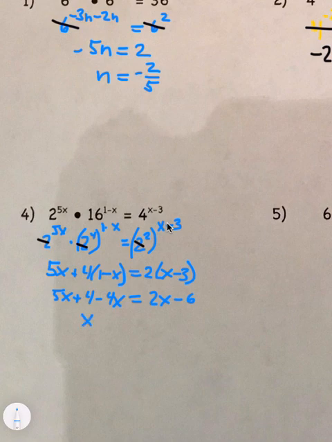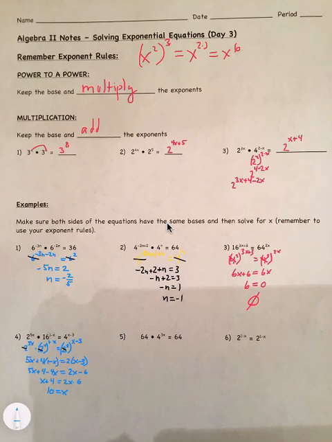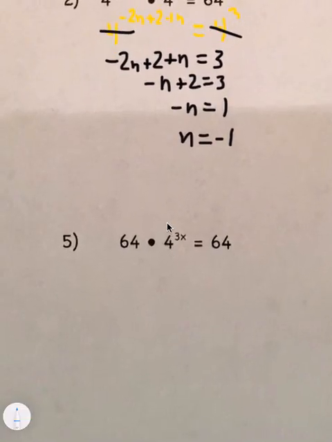So over here on the left hand side we have x plus 4, right hand side 2x minus 6. When we add 6 to both sides and subtract x, we end up with 10 is equal to x. And so we start out with 3 different bases. We have to get the same base, and so the easiest one to get is the base of 2. And then we just follow power rules at the top of the page. So make sure we're looking back at the power to a power rule and the multiplication rule. Those are 2 things we always have to look at.